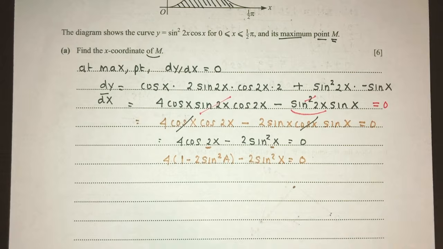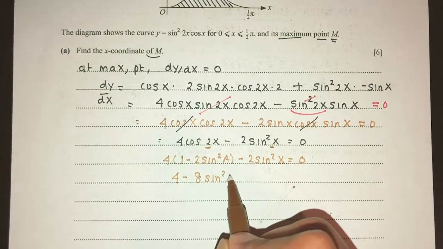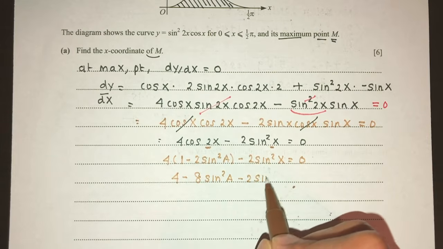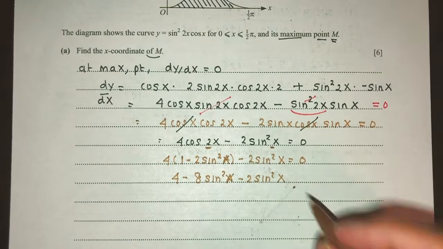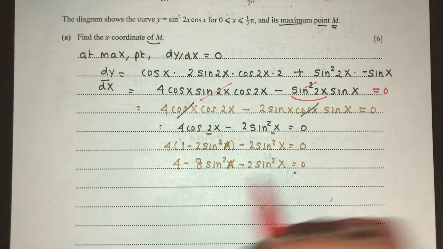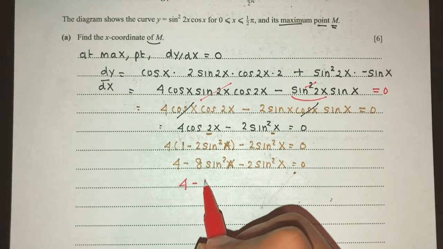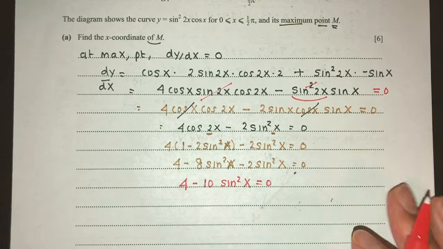So let's simplify. You will have 4 minus 8 sine square x minus 2 sine square x. Sorry, it's x, not a. So now since we have x the same, we can combine them. You will have 4 minus 10 sine square x is equal to 0.